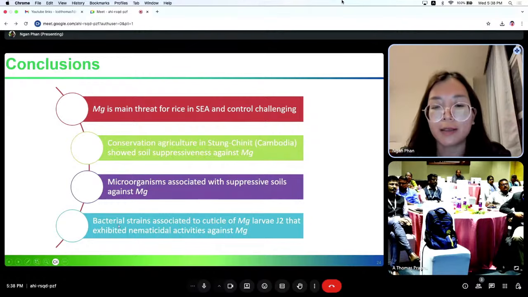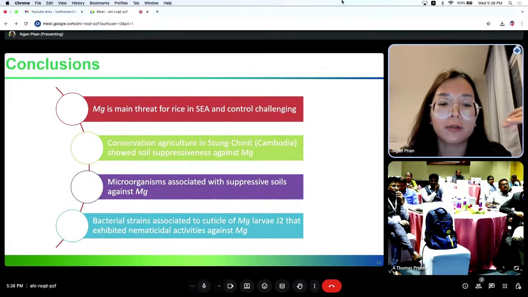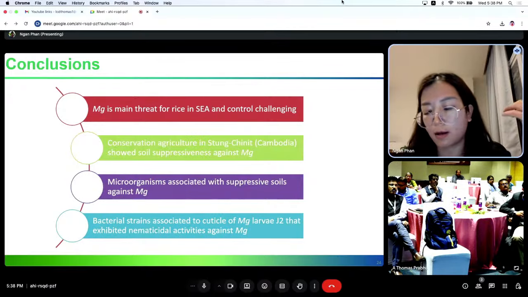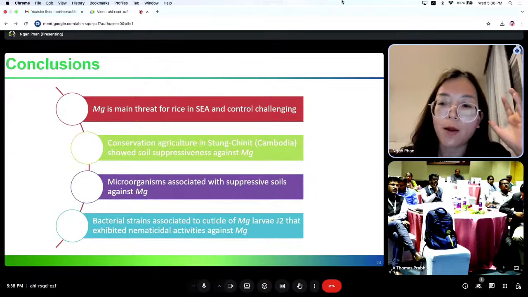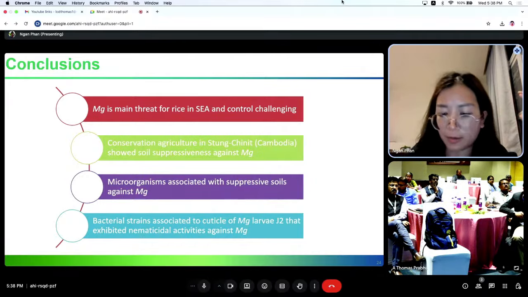And we found the bacterial strain associated to the cuticle of Meloidogyne graminicola that can have antagonistic activity against this rice nematode, and this can be the potential bioinoculant for this pest.